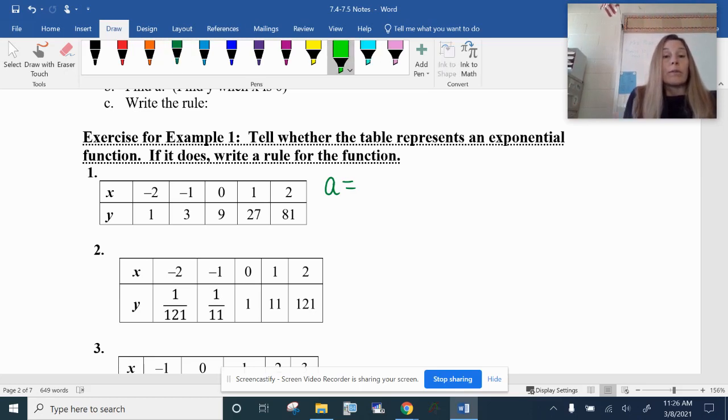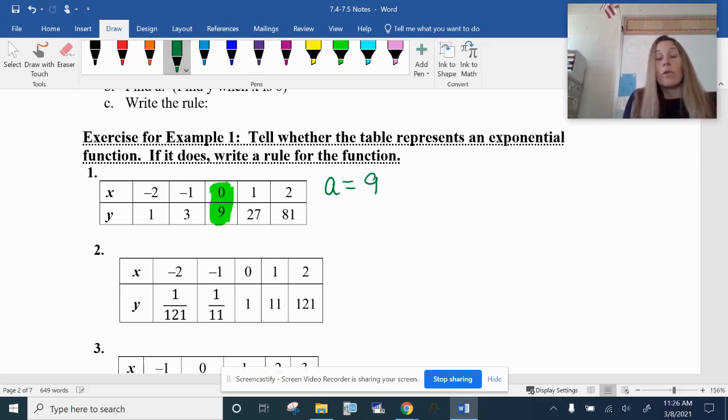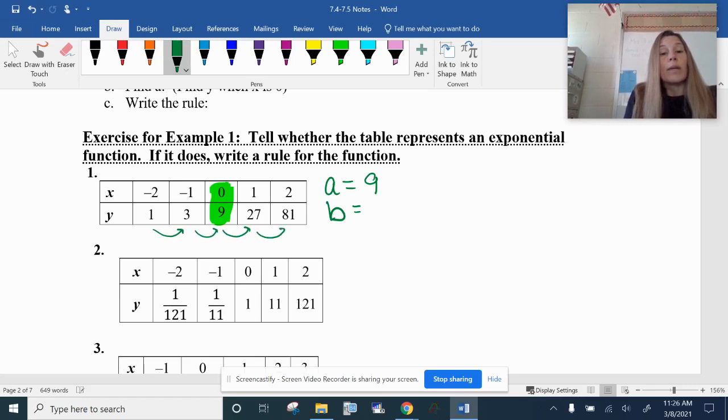So first thing we're going to do is look for the a value. So in this case, we have an a value of a positive 9. So far we know that this is an exponential function because the a value is positive. Then we're going to look for the b value, which is the multiple that's happening between these y values here.